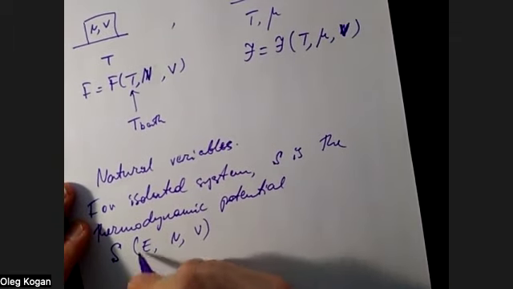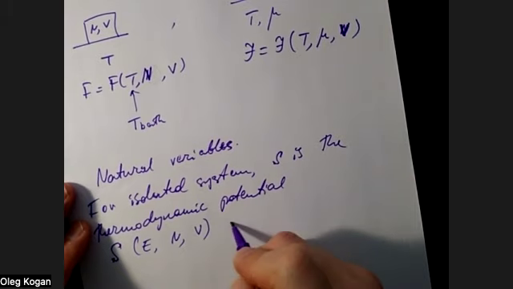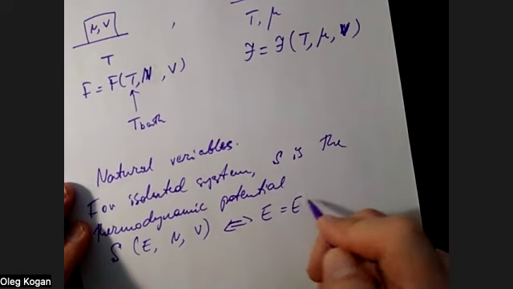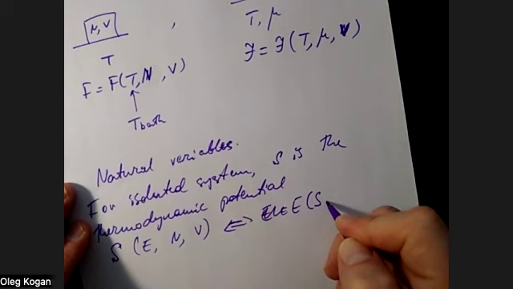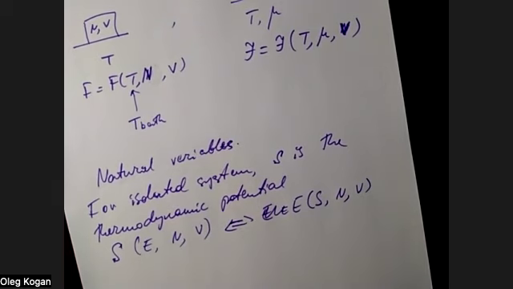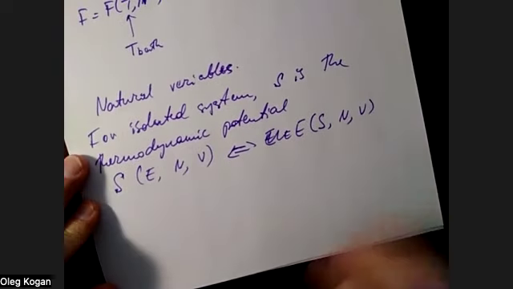So S is some function of E, N and V, and sometimes we rewrite E as a function of S, N, and V. This is also a way to describe isolated systems. And we saw that thermodynamic potentials provide a key to thermodynamics.